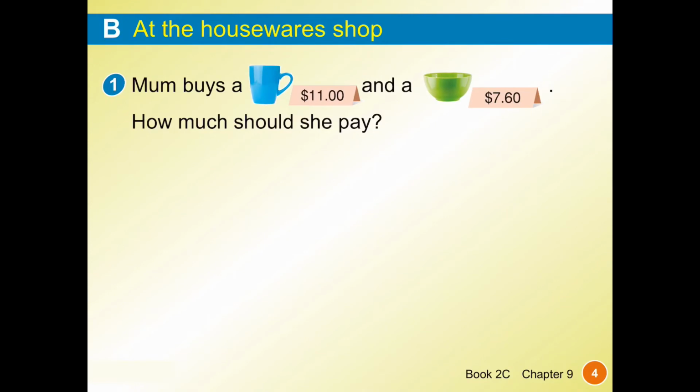So let's turn to page 66, part B, at the housewares shop. Question number 1. Mom buys a cup which costs $11 and a bowl which costs $7.60. How much should she pay?